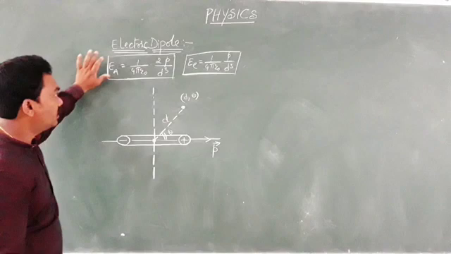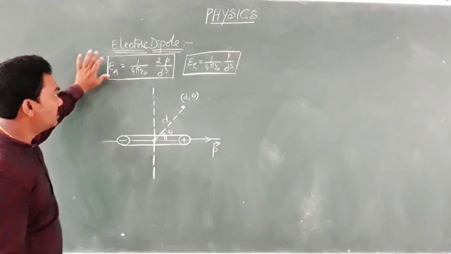Now, this point also lies on the equatorial line of the dipole of moment P sin theta. When the point lies on the equatorial line, the direction of the field will be anti-parallel to the dipole moment, because this is the P sin theta direction.